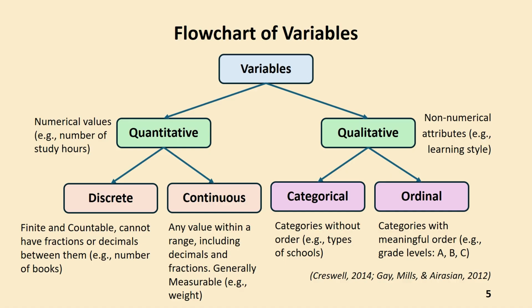Let us discuss all this one by one. First is quantitative. We all know what is quantitative. Quantitative is something which is represented in the form of numeric values. Example, number of study hours. It's a simple quantitative variable. Now, further classification of quantitative variables is whether the variable is discrete or whether the variable is continuous.